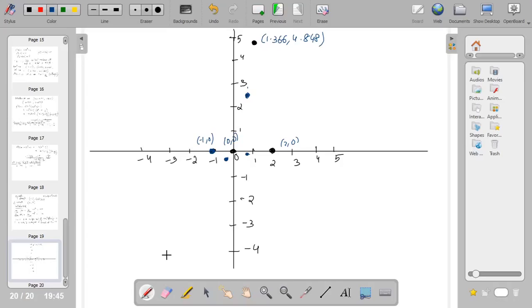So now let us join all the points. So all the points are completed.